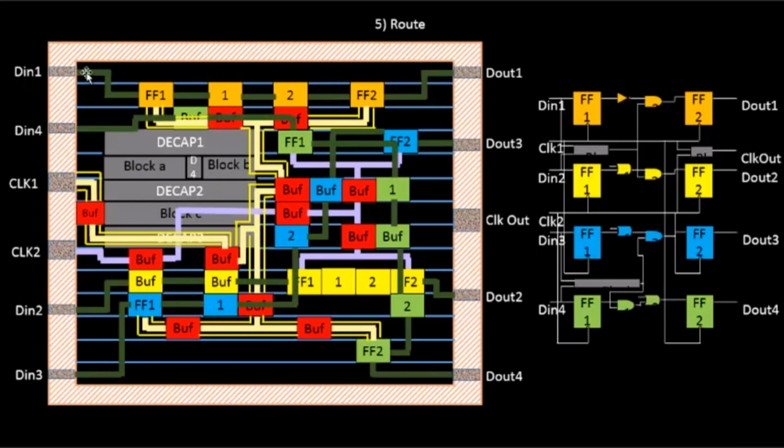There is no more estimated wire; this is a real wire that we see here, and this is again a real wire, and these routes are based on the connectivity from the netlist. Once we route this design, you see that D in 3 is connected to flip-flop 1 based on the netlist connectivity.